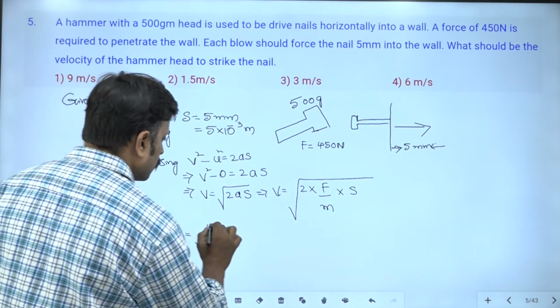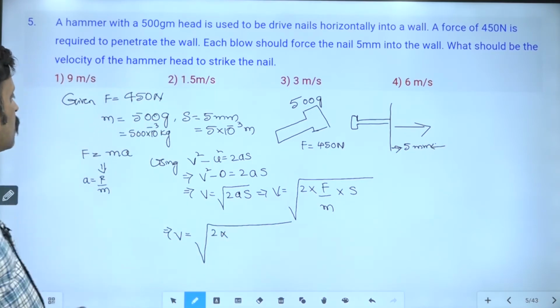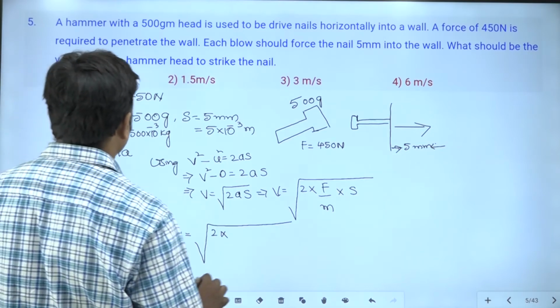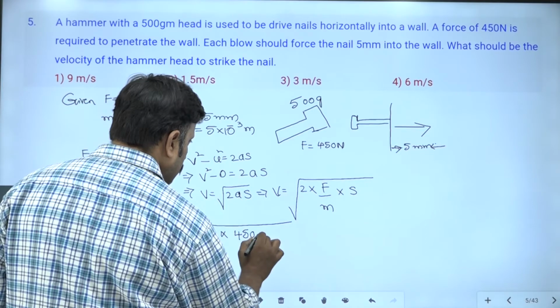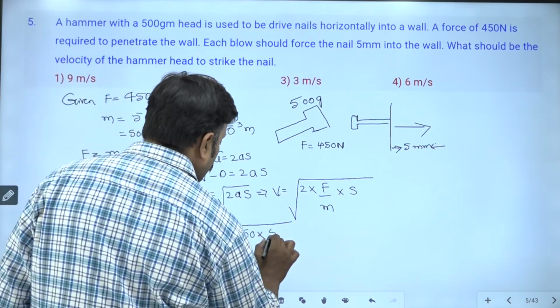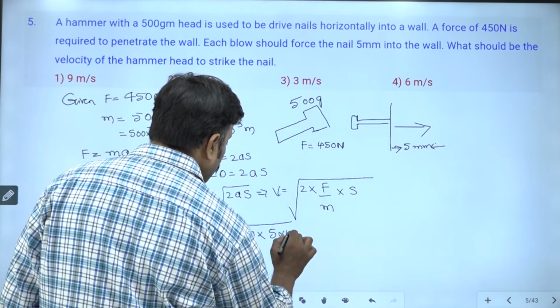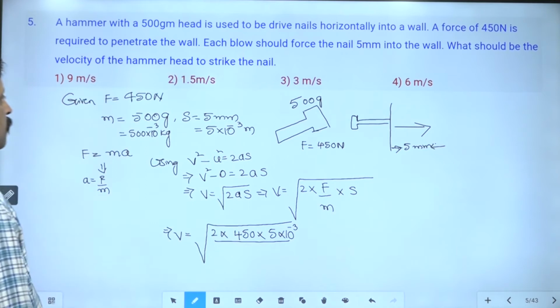V is equal to root over 2 into, what is the force? 450 newtons into distance 5 into 10 power minus 3 meters by mass.